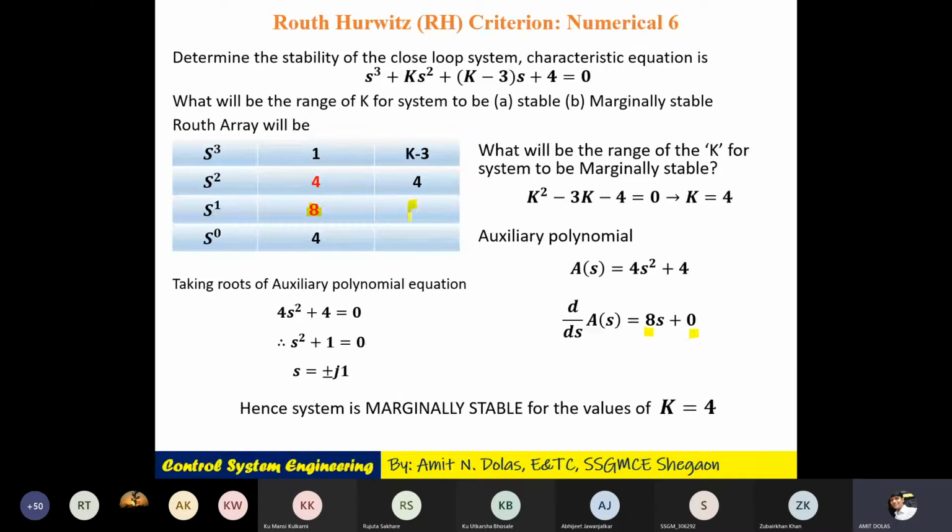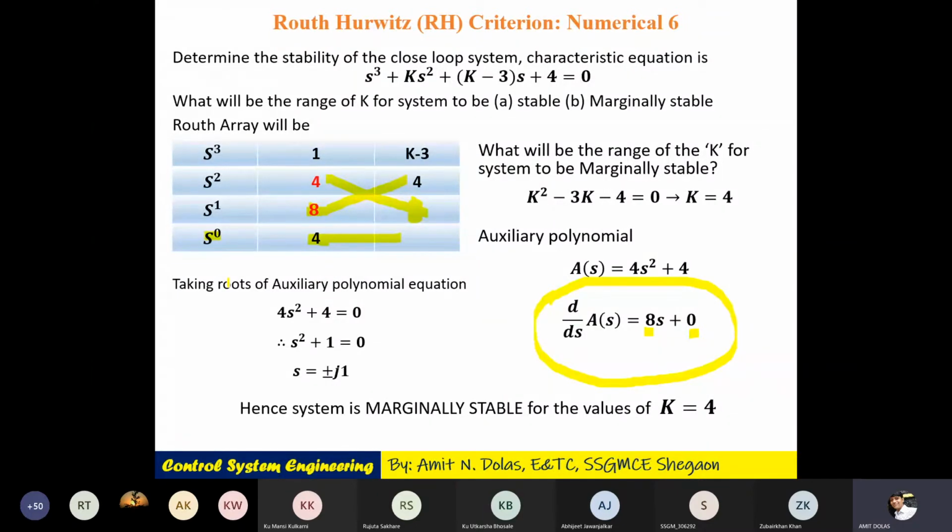You may write 0 here, it is okay if you write it, and okay if you don't. So next is 8 and 0, and what will be the s to the power 0 row? It will be 8 into 4 minus 0 divided by 8, which is of course 4. So this is how we get the next element of the Routh array.